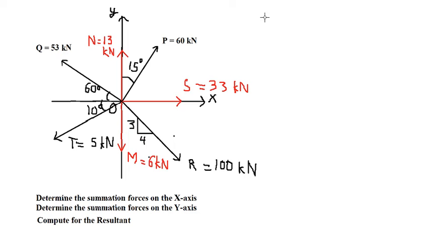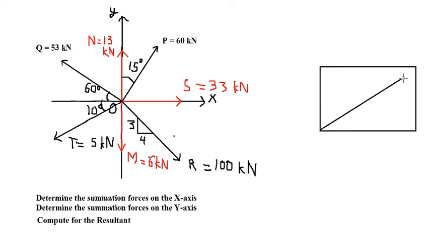Let's consider the basic one. For example, let's say we have the rectangle in here and we have one vector of force that goes in here.